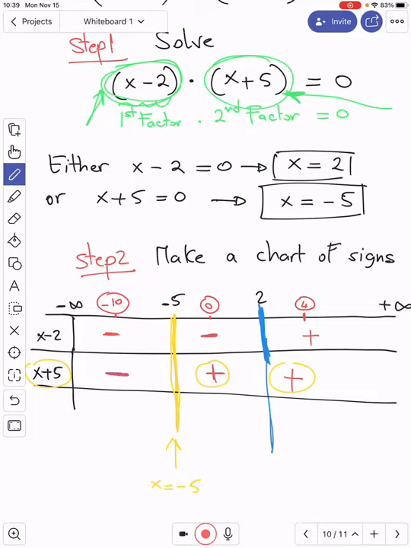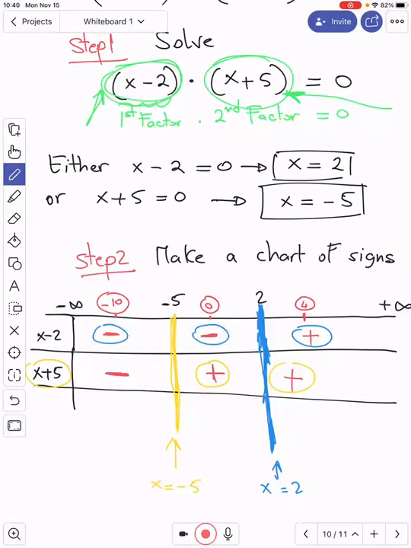It's the same thing as for x minus 2. On the right side of 2, x minus 2 is positive. Remember, the blue line represents x equal to 2. On the right side of the blue line, x minus 2 is positive, and on the left side, it's negative.